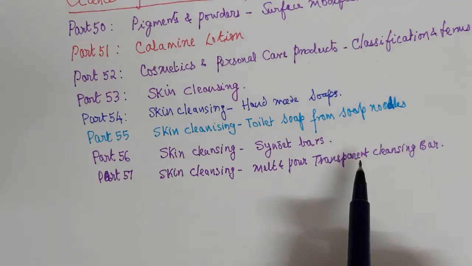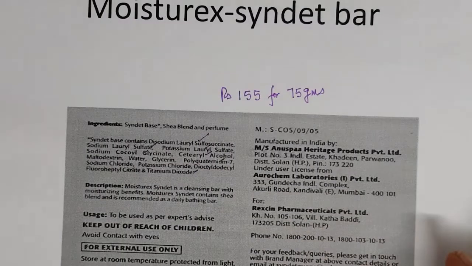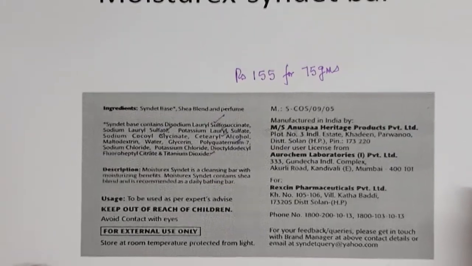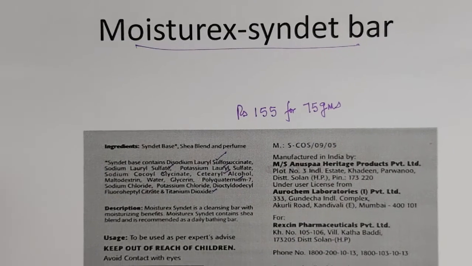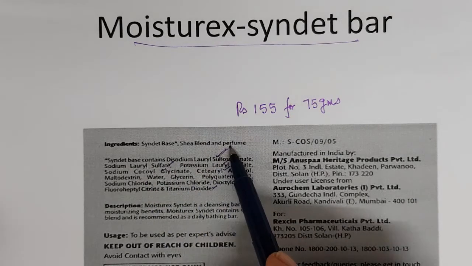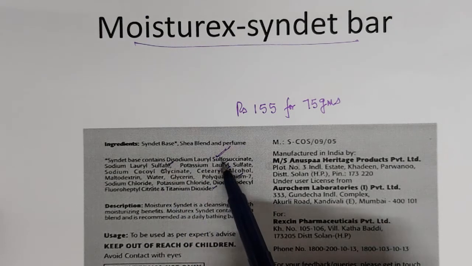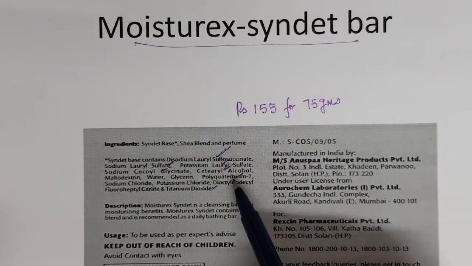I want to show you two examples of syndet bars, which is not a combo bar, but is a 100% syndet bar. Moisturex syndet bar contains no soap but contains disodium lauryl sulfosuccinate, sodium lauryl sulfate, potassium lauryl sulfate, sodium cocoyl glycinate, cetostearyl alcohol, and polyquaternium-7 for conditioning.